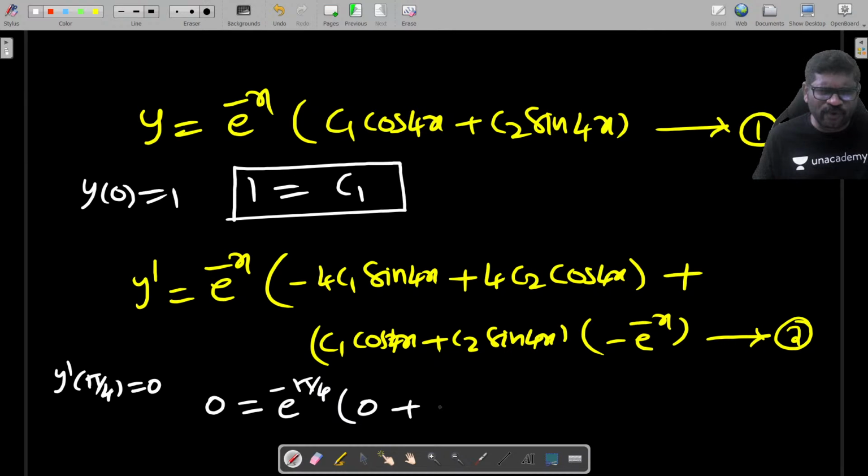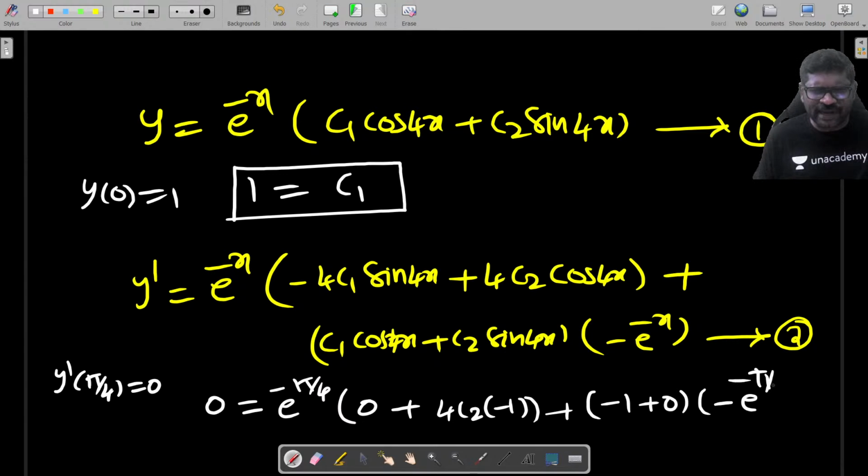So 4c2 into minus 1, plus minus 1 plus 0 minus e power minus pi by 4.